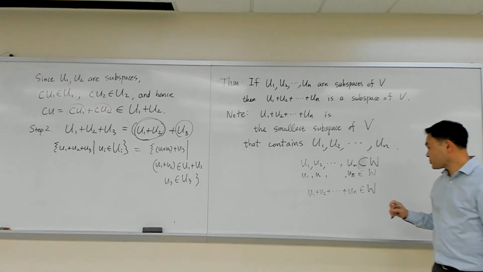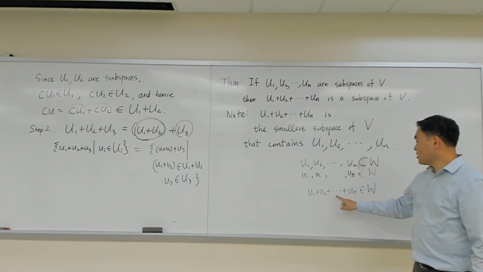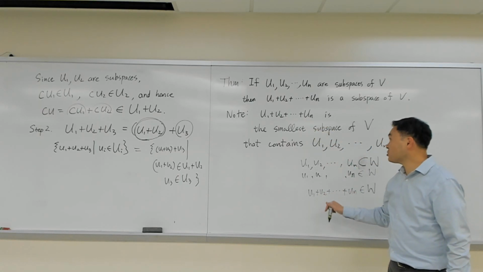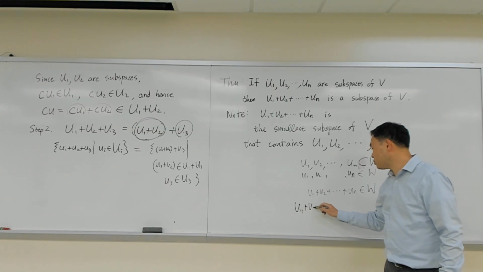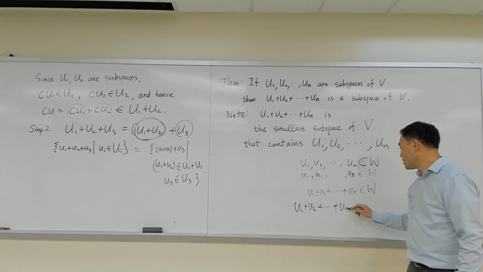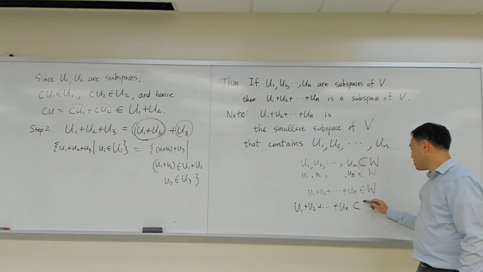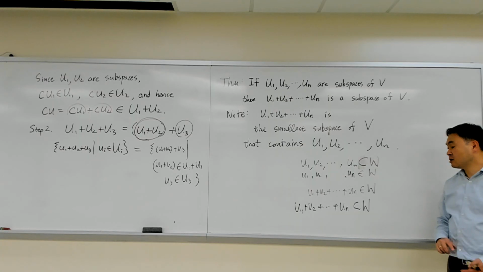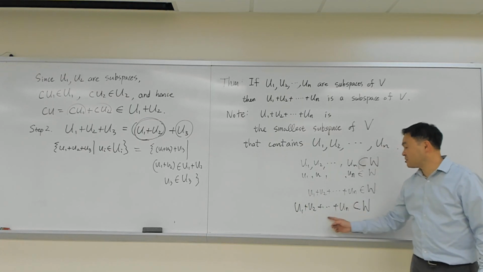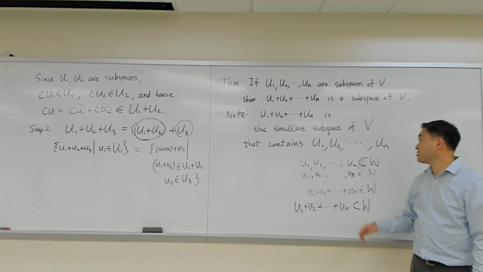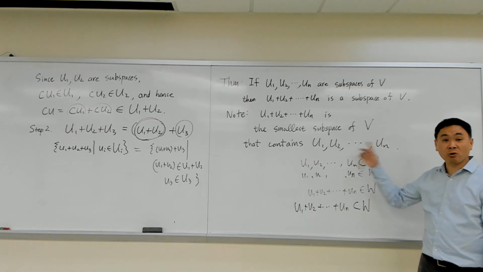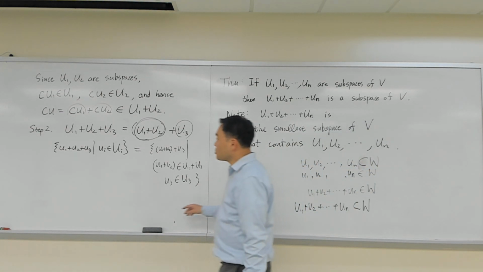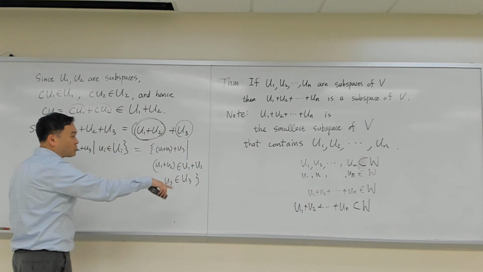But then, since everything in here looks like this, the argument shows that U1 plus U2 plus and so on up to Un has to be a subset of W. And since this is a subspace, this is the smallest subspace of V that contains all the elements. That's the argument. Okay. I think the book has everything written down that way.